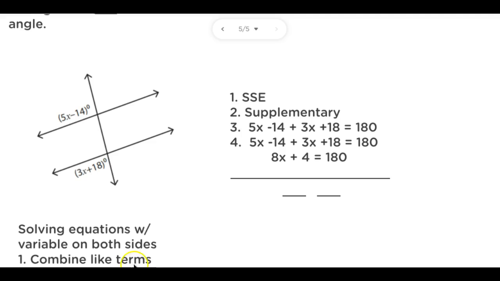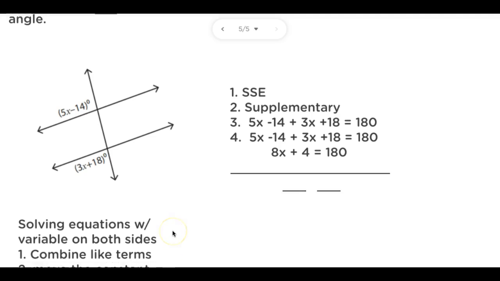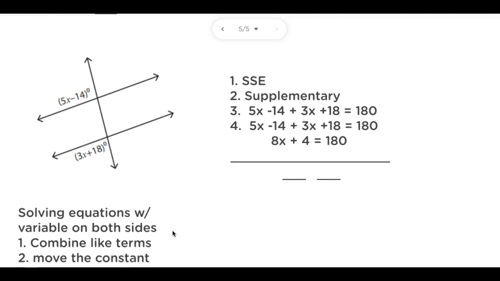Now, our step 2 is going to be the same. Step 2, we still want to move the constant. So you guys should be jotting these steps down. Step 1 is combine like terms. Step 2 is move the constant. What is our constant in this example? Our constant is 4. So how do we get rid of a positive 4? By subtracting 4.